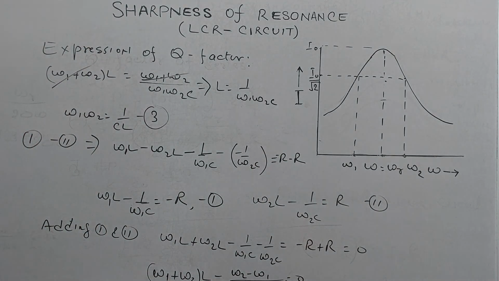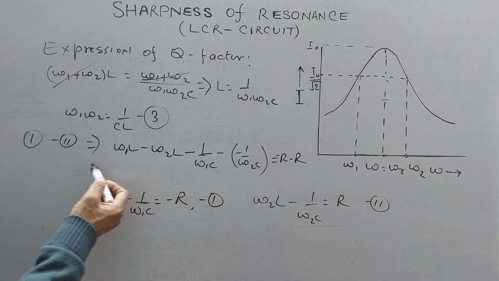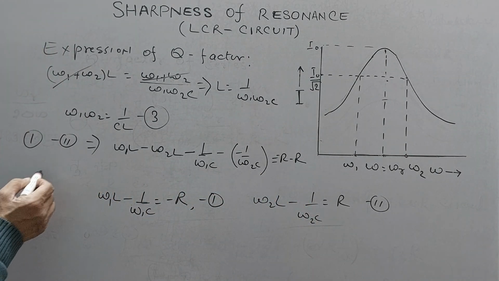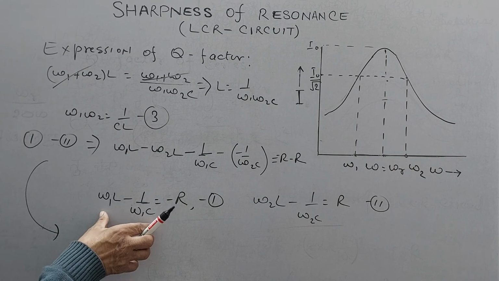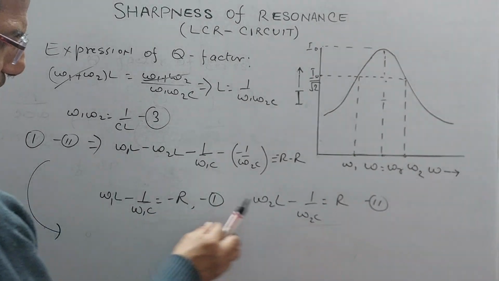So we can also do this part, first minus second, in this way also. First minus second, taking these terms as a whole minus these terms as a whole is equal to this minus this.